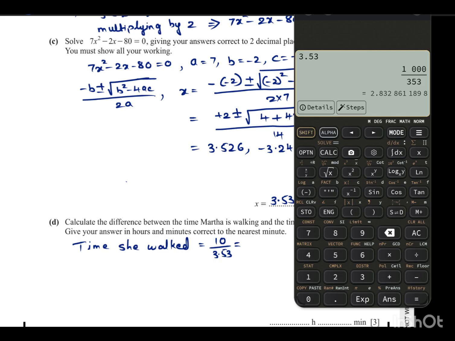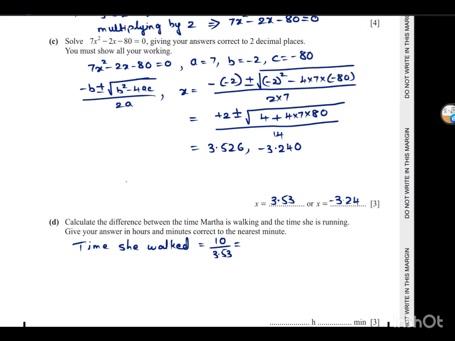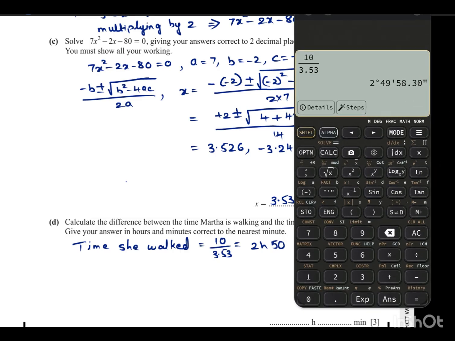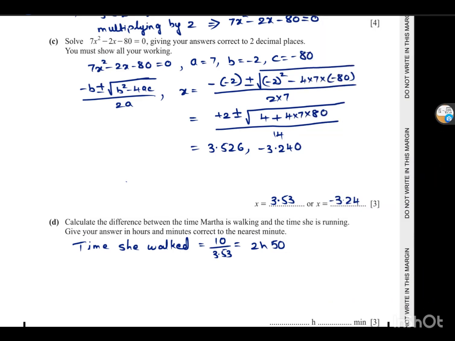If I change it into hours and minutes, it is 2 hours 49 minutes. 50 minutes because we have to round to the nearest minute. 2 hours 50 minutes, okay?